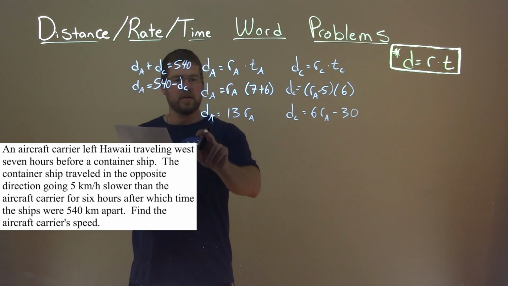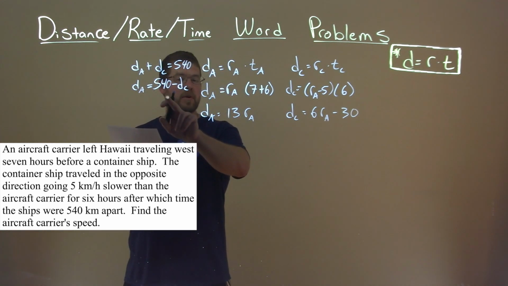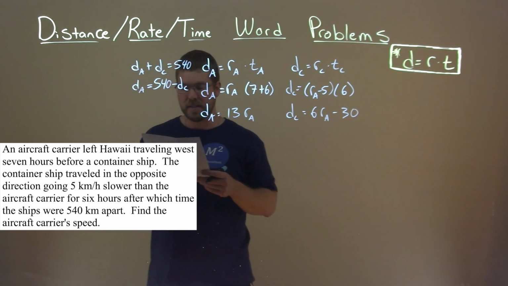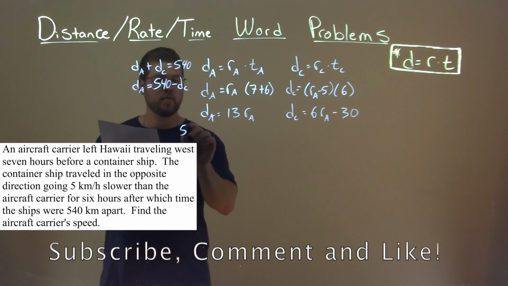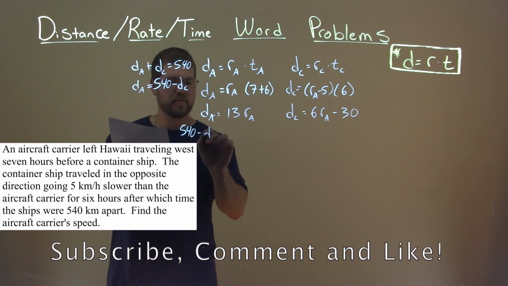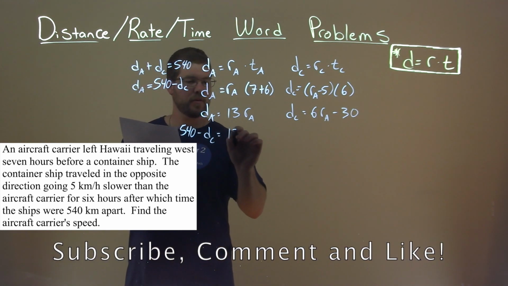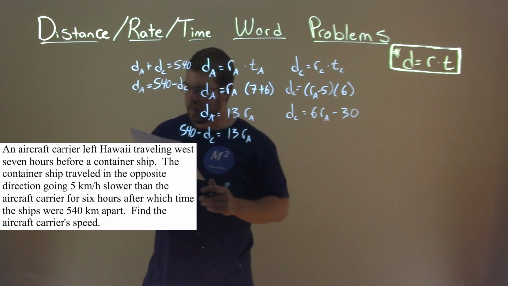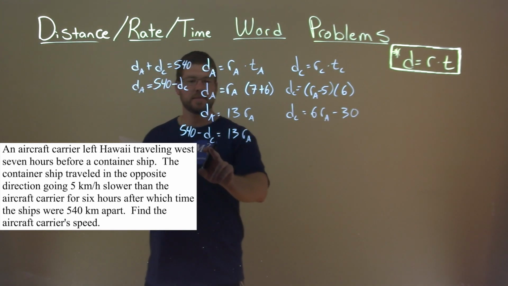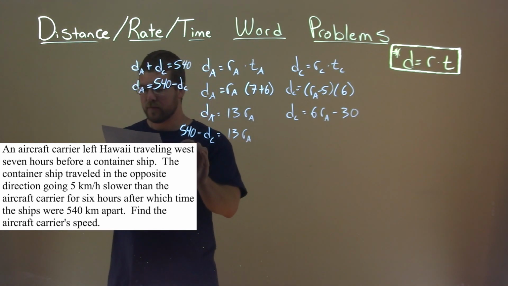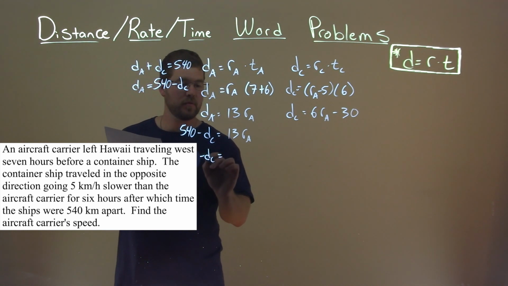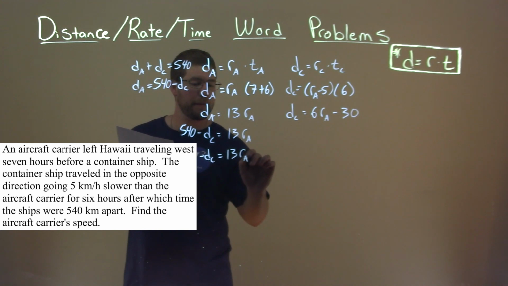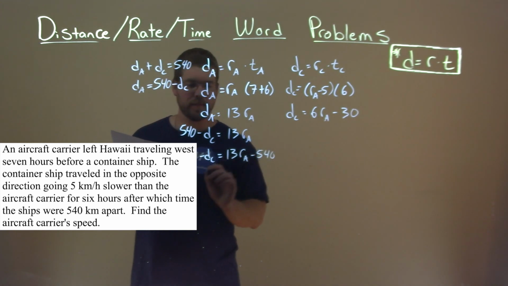Well, we found d sub a is equal to 540 minus d sub c. So let's try to get things in similar terms. Let's replace that. 540 minus d sub c is equal to 13 r sub a. Let's get d sub c by itself. Subtract 540 from both sides, and we have negative d sub c is equal to 13 r sub a minus 540.